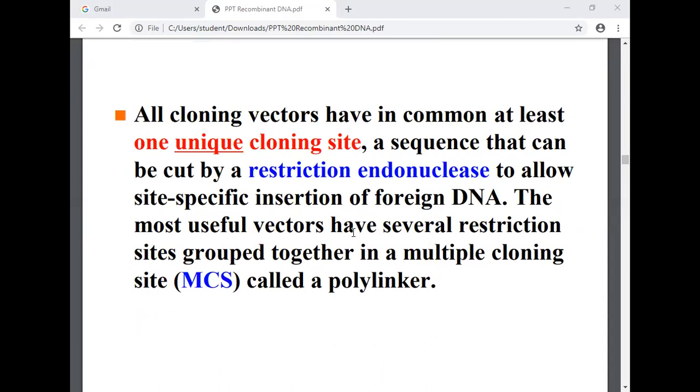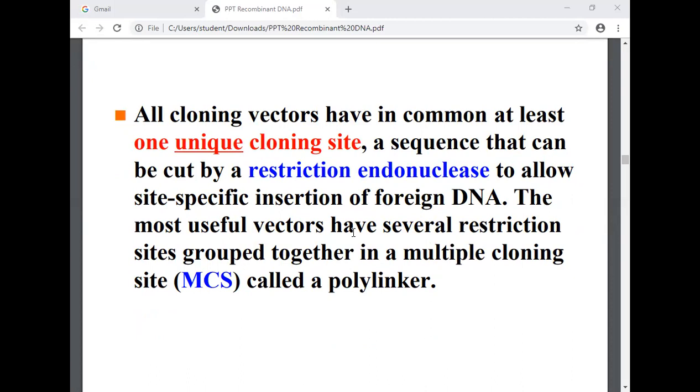All cloning vectors have in common at least one unique cloning site, a sequence that can be cut by a restriction endonuclease to allow site-specific insertion of foreign DNA. The most useful vectors have several restriction sites grouped together in a multiple cloning site, MCS, called a polylinker.